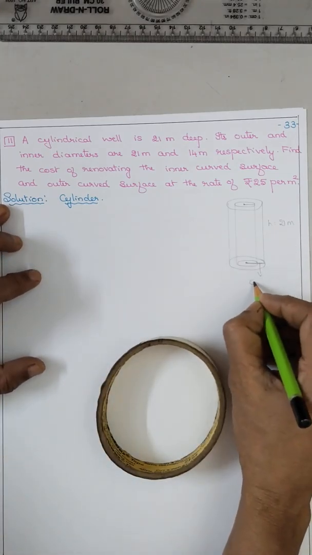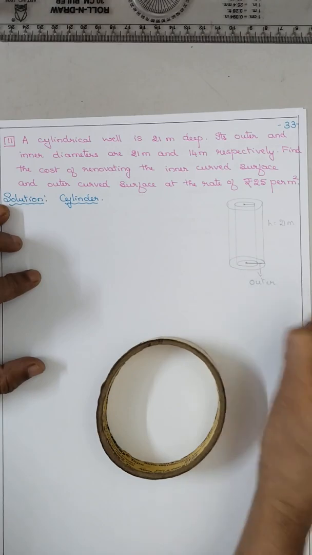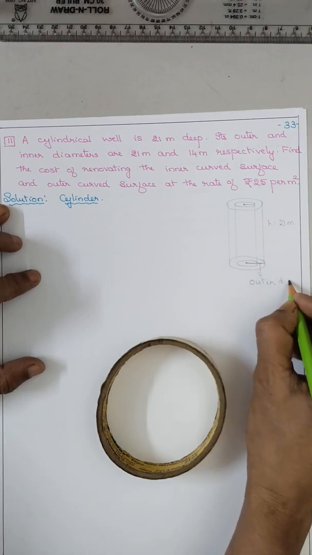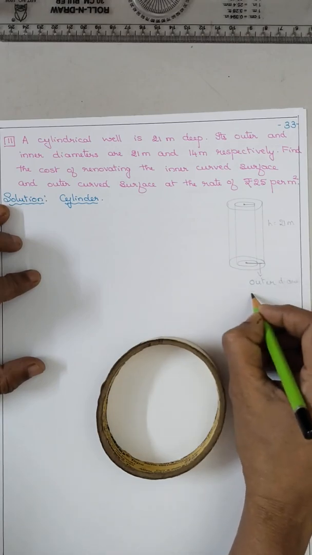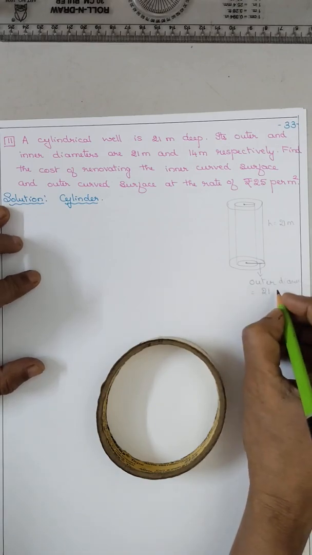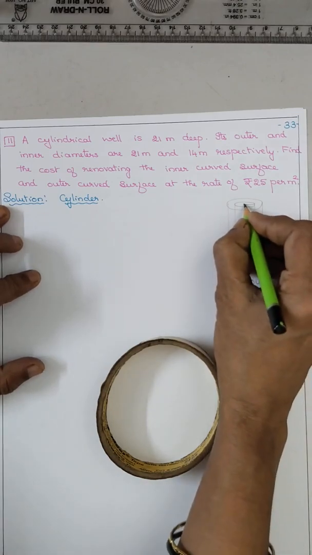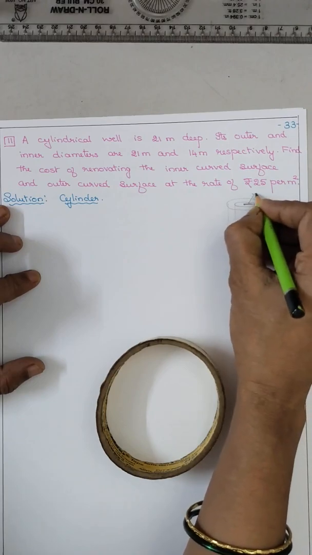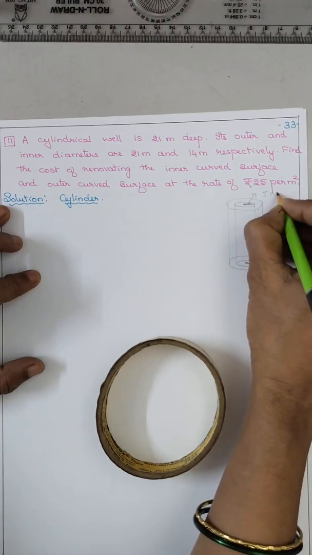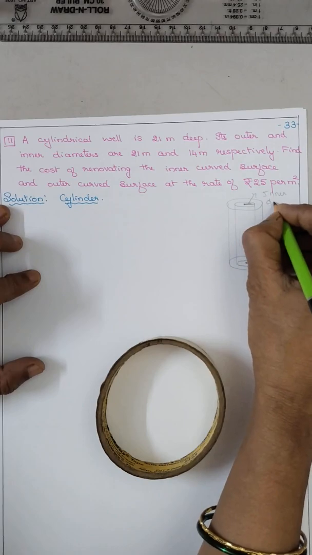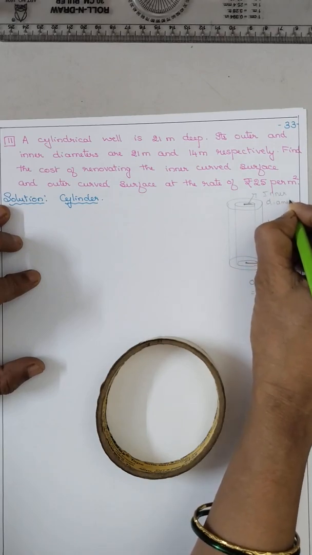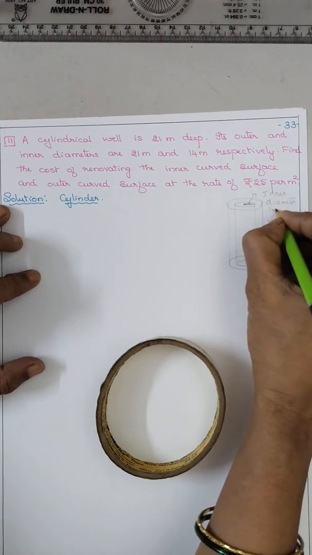Outer diameter is 21 meter and this is the inner diameter. Inner diameter, how much is given? 14 meter.